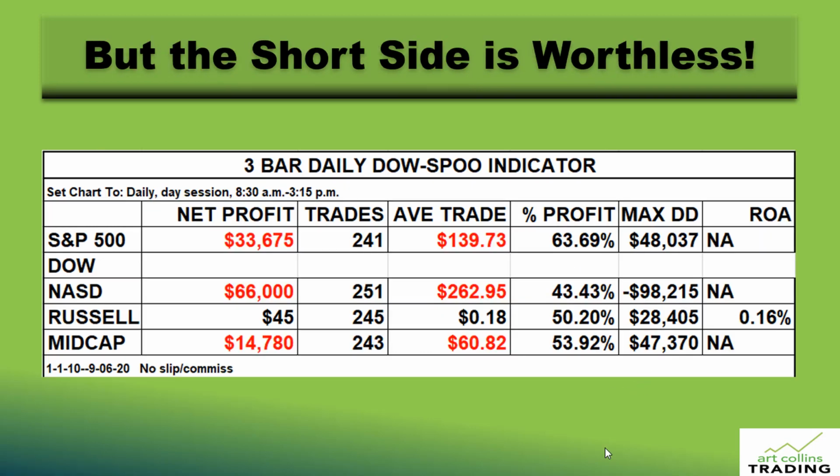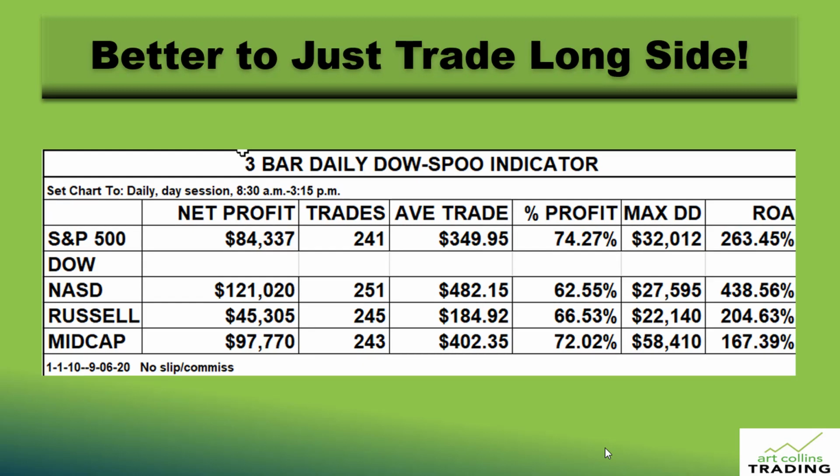All right, so here's where what's really going on comes in. When I took a look at the short side, worthless. You would have been better off just taking the longs and getting flat in the periods where you were supposed to be short. But to take it another step, since the short side was giving you negative numbers, you would have wanted to be long then too.